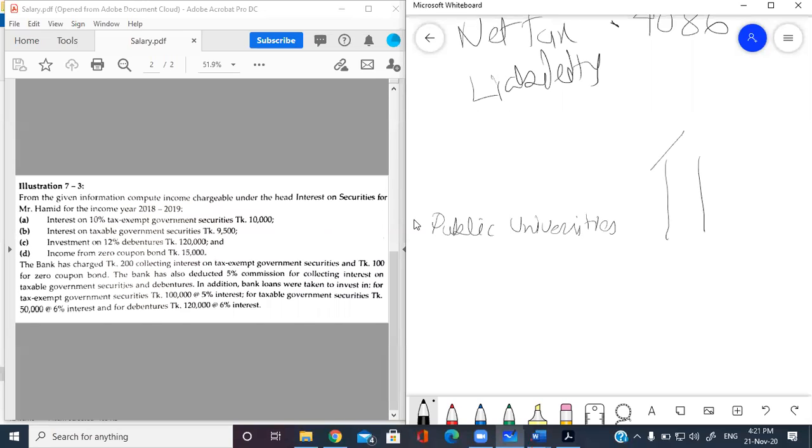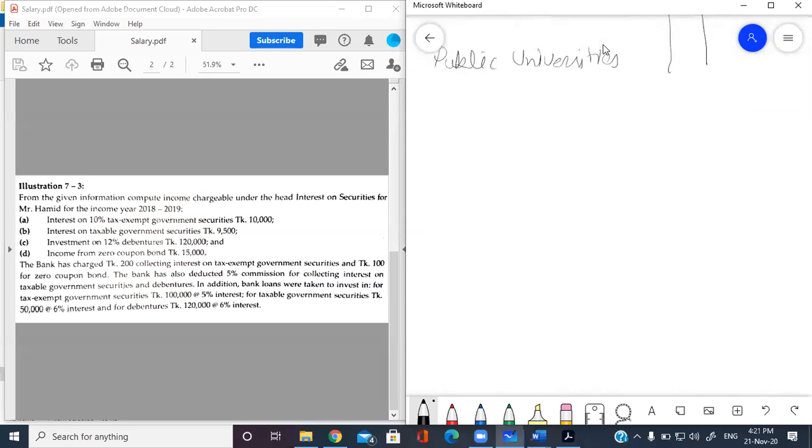So you may ask why they are spending millions and millions of taka for these purposes. From the profit perspective, it should not be. It must reduce the value for the shareholders and the profit for the company. Okay. So the answer is that the thing is not such that what we think.